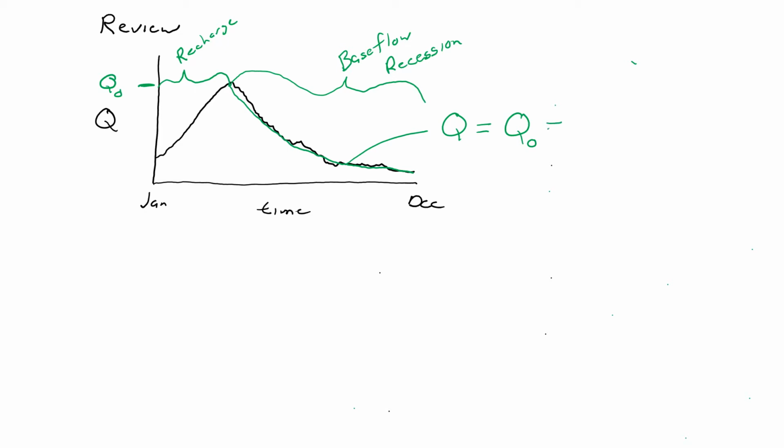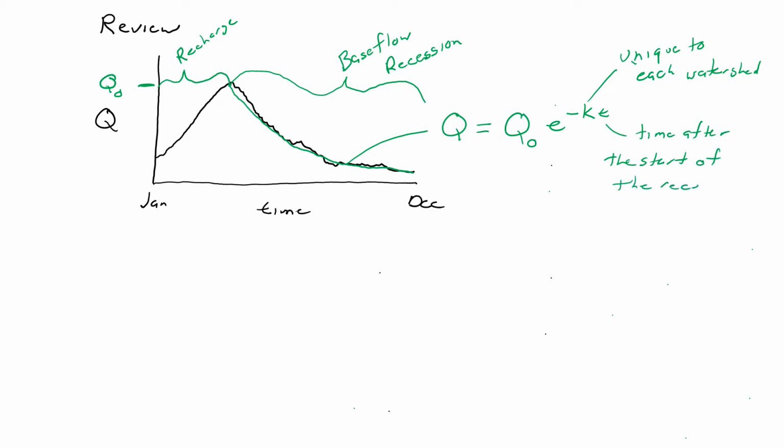So the discharge Q at any time after the start of the recession equals the discharge at the beginning of the recession, Q naught, kind of that peak flow, times e to the negative kt, where again k is unique to each watershed, and t is the time after the start of the recession.